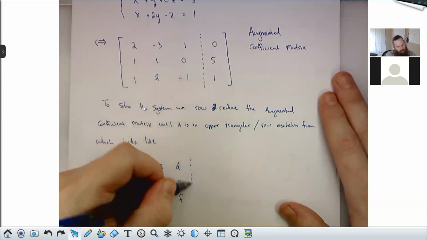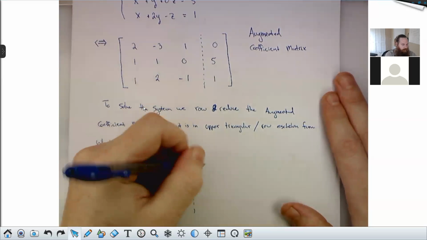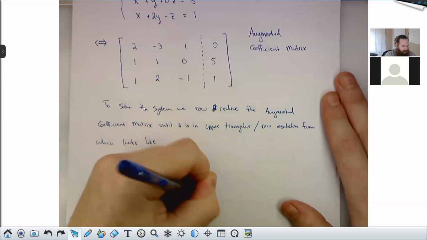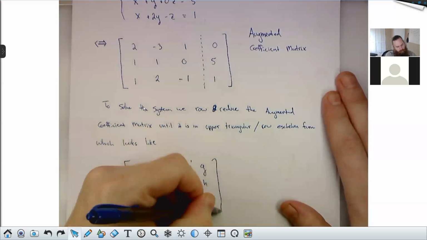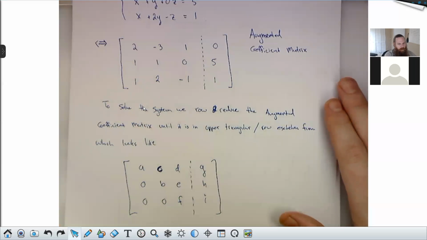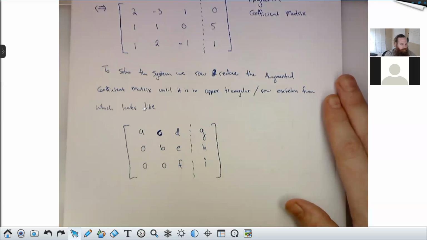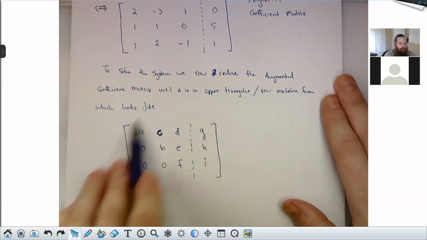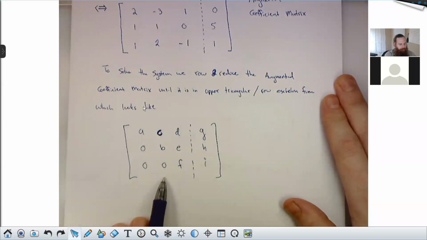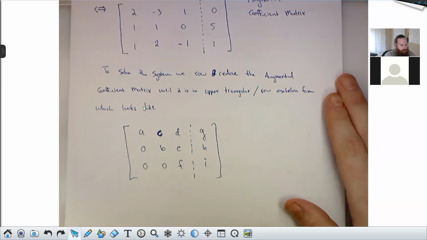And then on the other side of your line, you'd have other stuff. Why is this nice? Well, because if you then rewrite this as a system, you'll be able to read off the solutions. First, you'd be able to say that like f times z equals i. So you can solve for z and then back substitute.